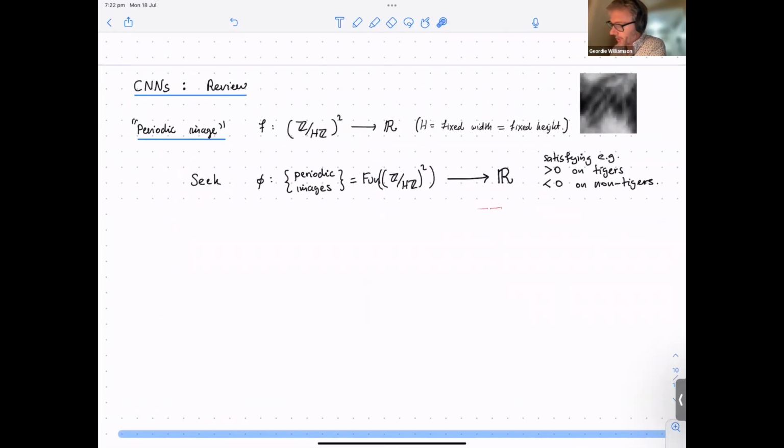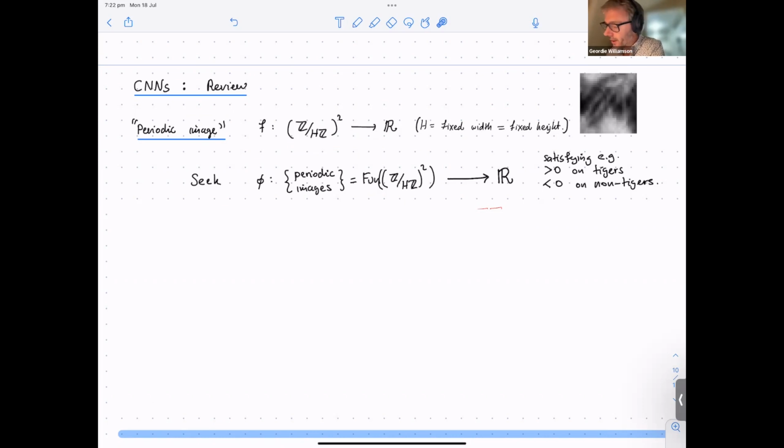I hope you've seen convolutional neural nets, and I want to consider a periodic image.